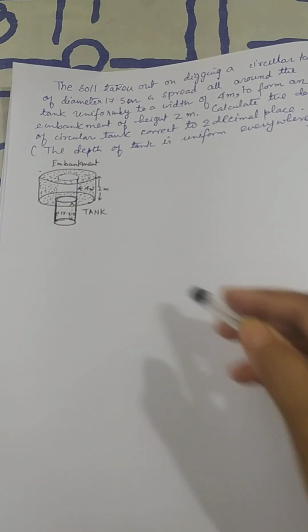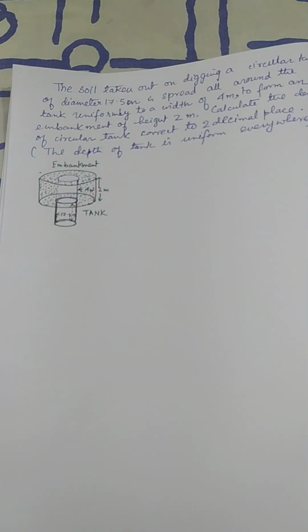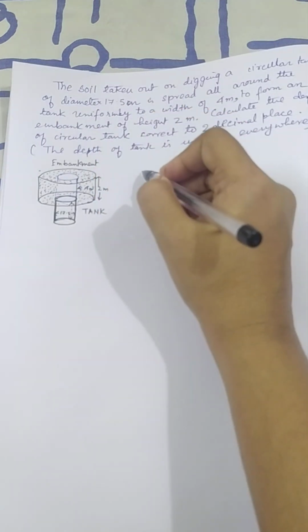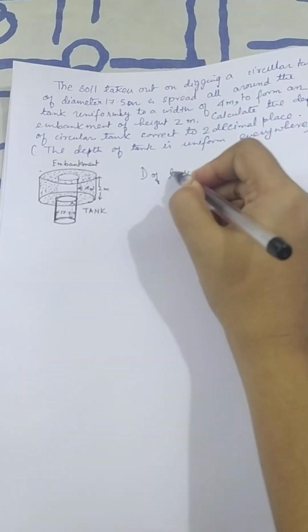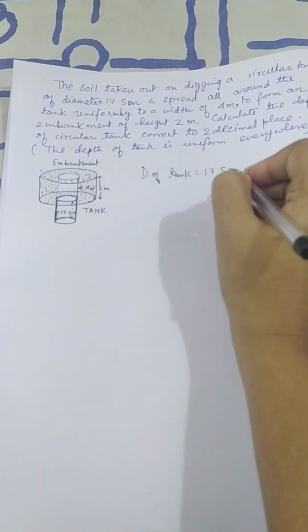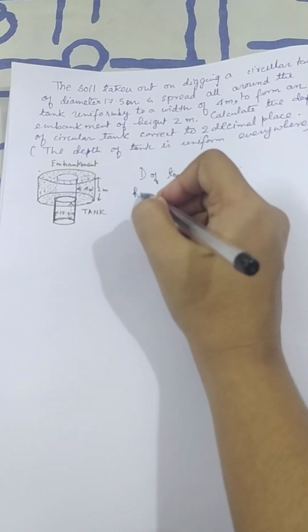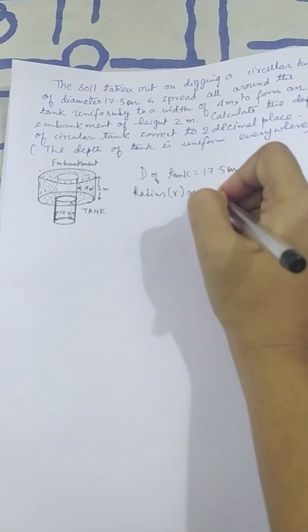Now, what we have to find out? We have to find out the depth of the circular tank, corrected to 2 decimal place, right? So, first of all, what is given? That the diameter of the tank, D of tank, is 17.5 meter. From that we can easily find out the radius of the tank.